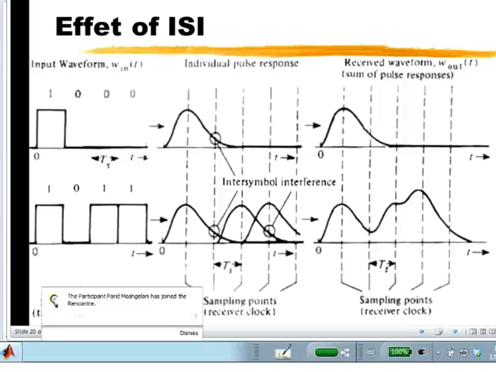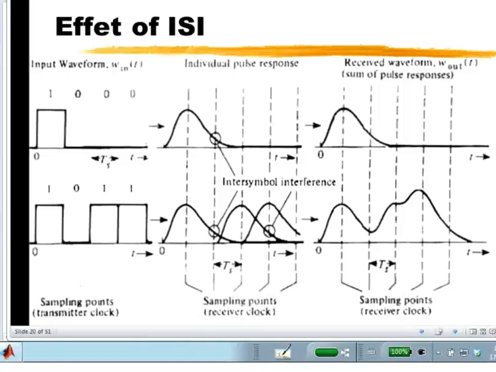And so what is received at the receiver is the accumulation of all of these pulses, some overlapping. And so on the far right, on the bottom, we see the received signal, which looks very different from the rectangular pulses which were sent on the left.